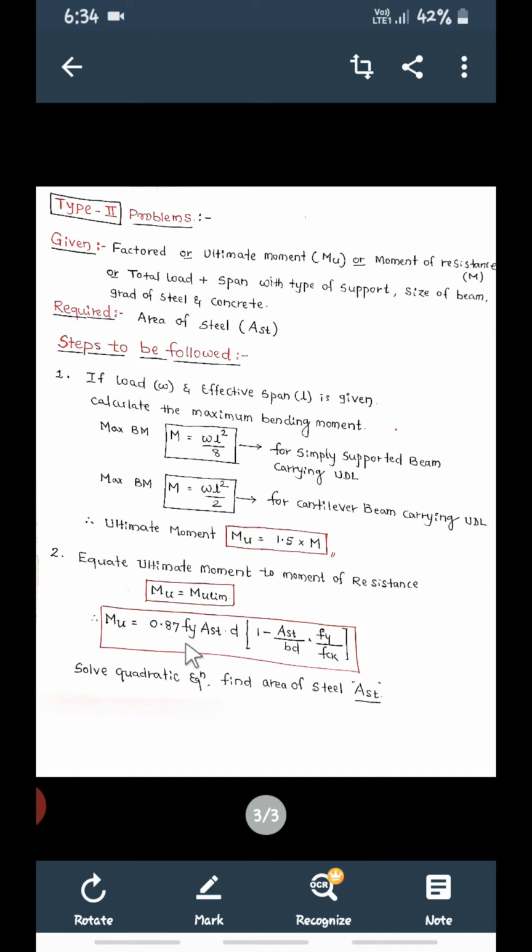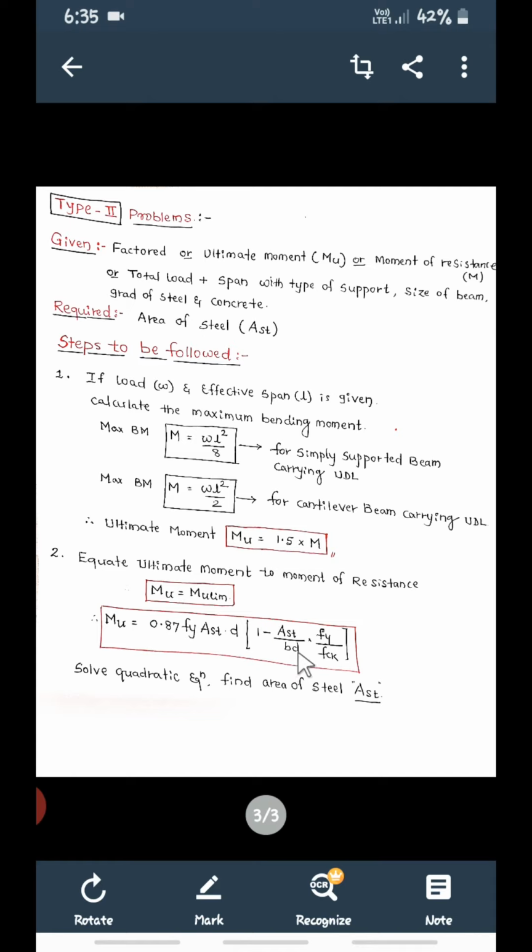The formula we use here is Mu is equal to 0.87 Fy Ast d into bracket 1 minus Ast upon b d into Fy upon fck. We need to find this Ast. So equate Mu is equal to Mu limit and use this formula. Here the only unknown is Ast; all the other values are known and are substituted.